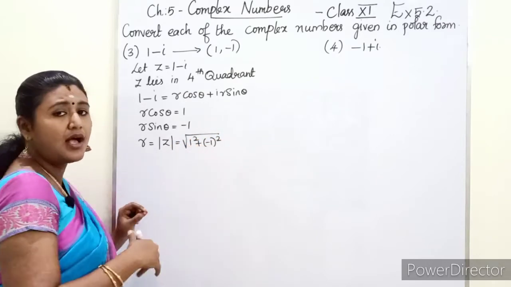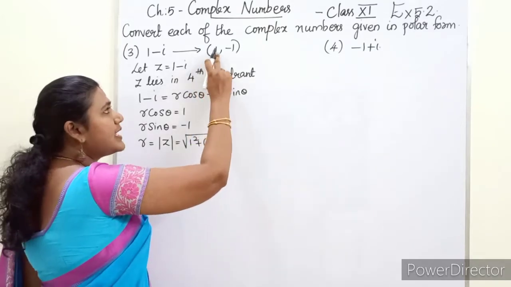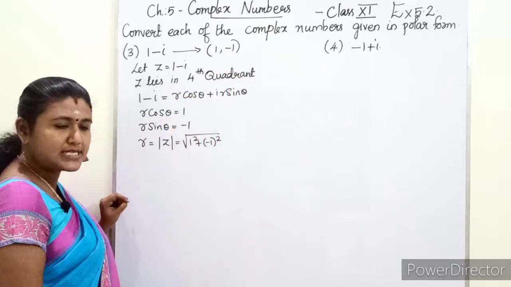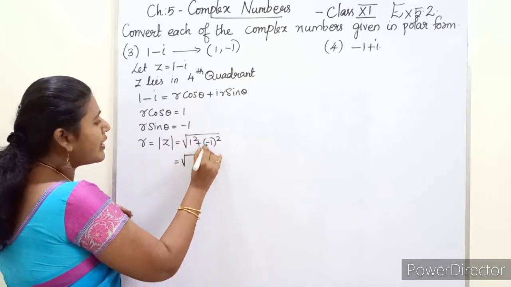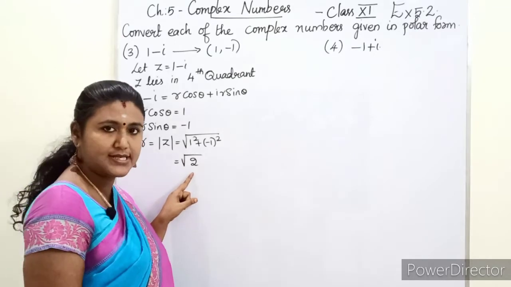You know the formula: modulus is root of x square plus y square, where x is the real part and y is the imaginary part. If you substitute, you will get root of 1 plus 1, that is root 2. So the value of r we got as root 2.